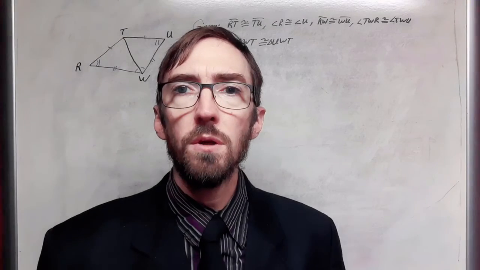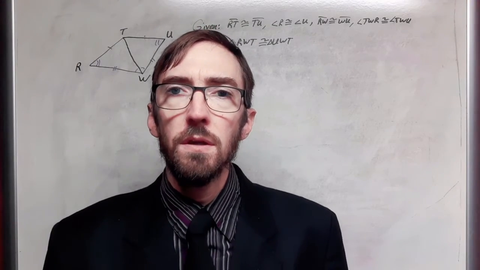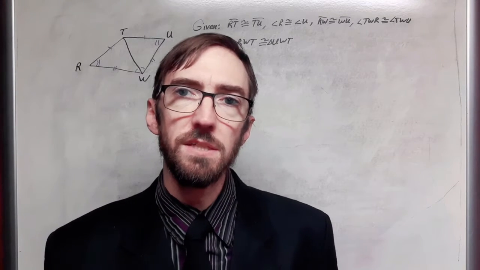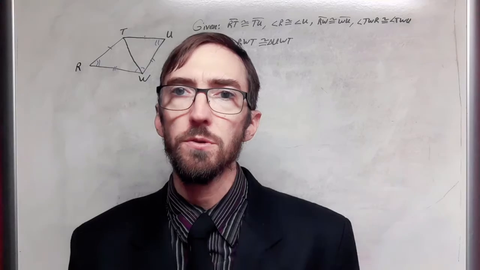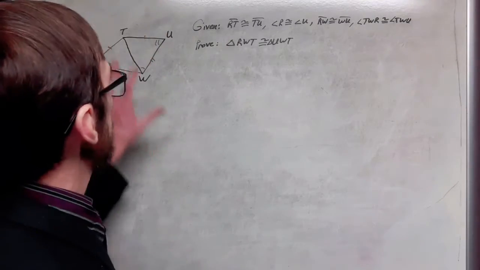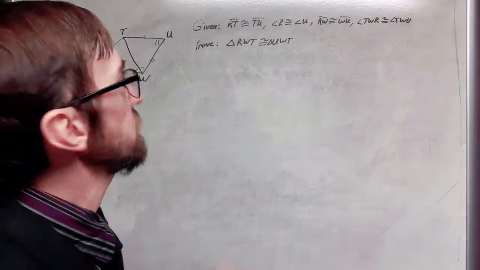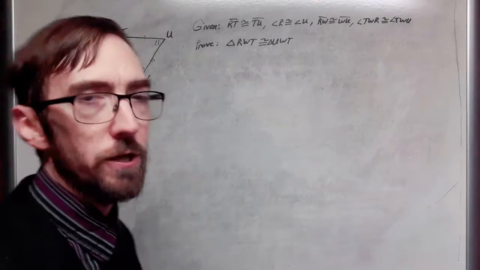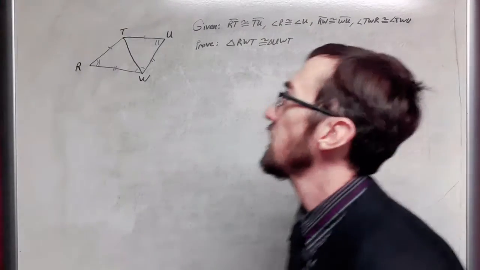I'm going to look at one more proof that deals with both corresponding congruent sides and corresponding congruent angles. We have this diagram over to the side and several givens, and we want to prove that the two triangles are congruent triangles.